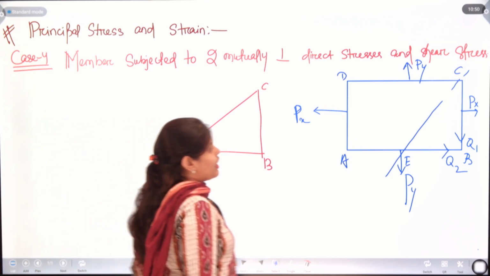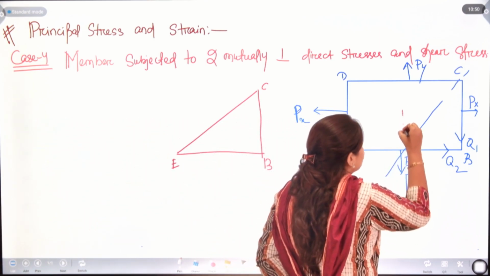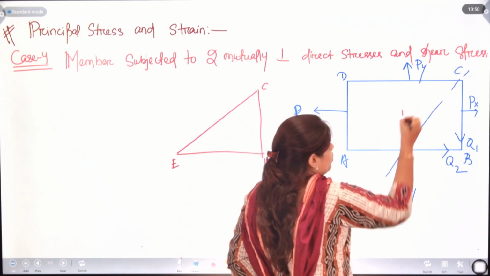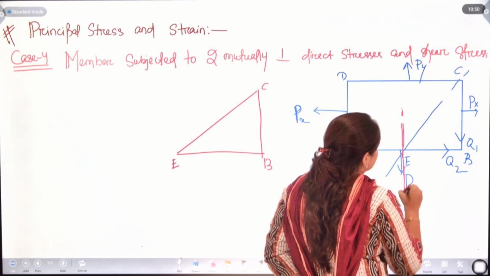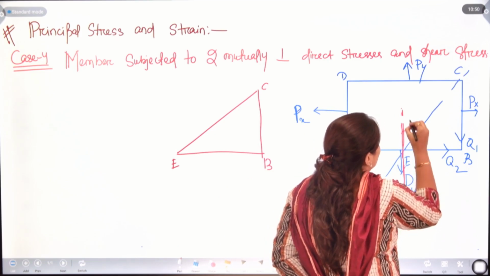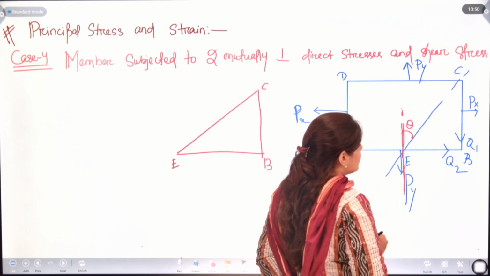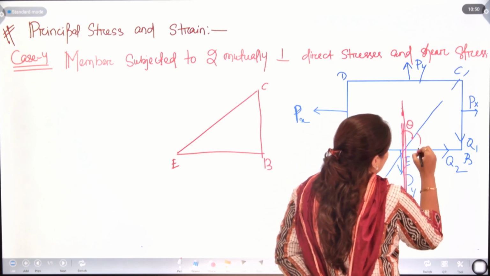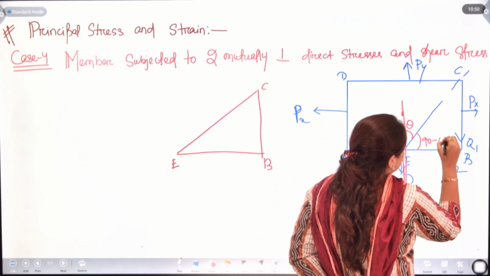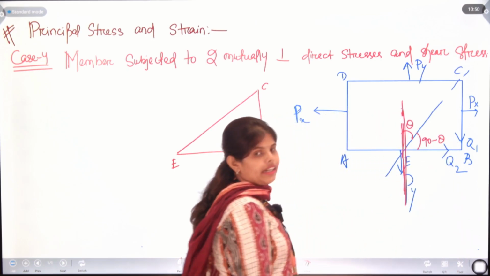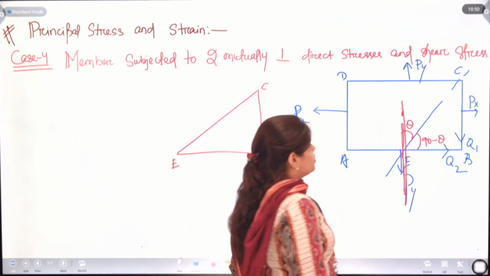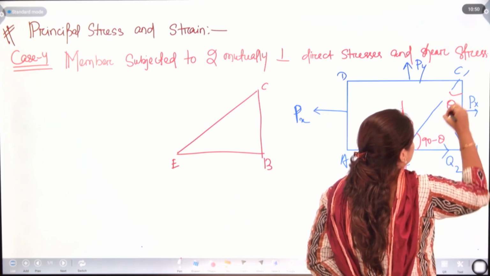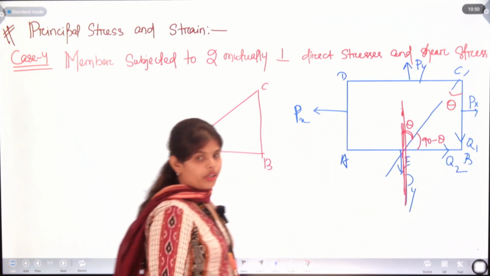In this section, one thing you can remember: when we cut this section, we take this angle as theta. So, for this perpendicular, we will have 90 minus theta, right? Also, as this is theta, here we will have theta.